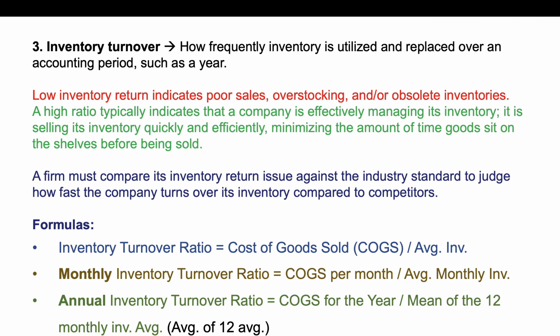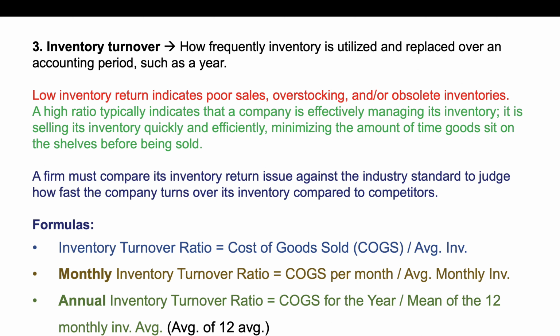The third financial metric is inventory turnover, which means how frequently inventory is utilized or replaced over a particular accounting period, such as a year. If inventory turnover is low, it would mean inventory is sitting on the shelves for a longer period of time. Maybe there is poor sales or there is overstocking. That's not a good thing.